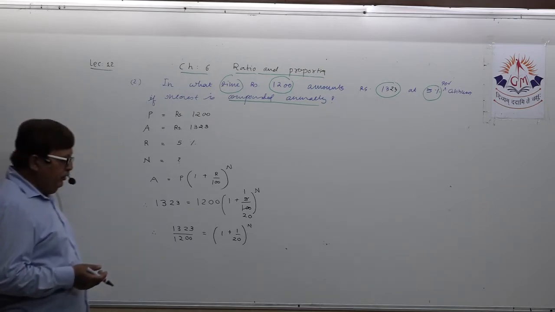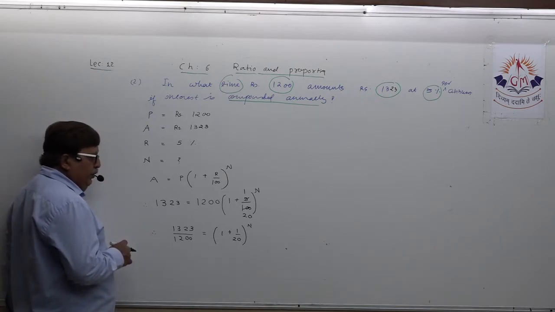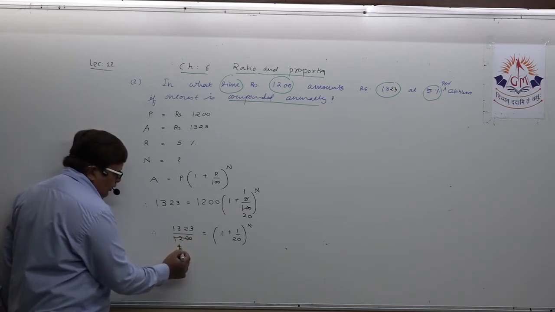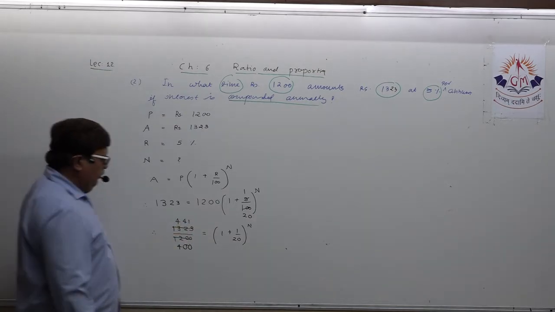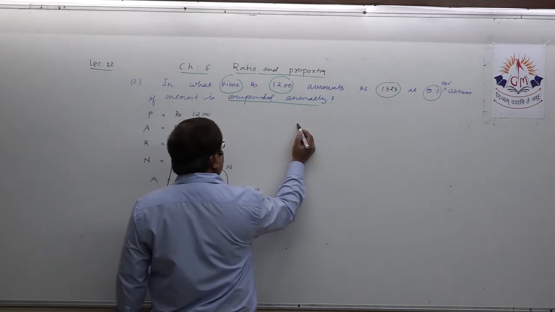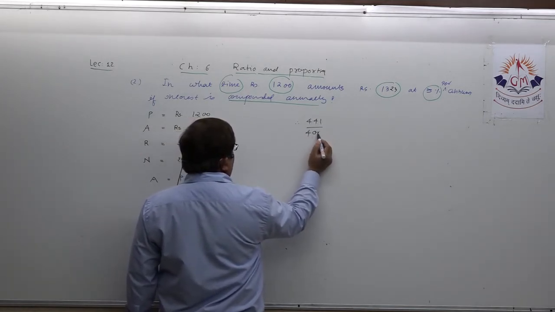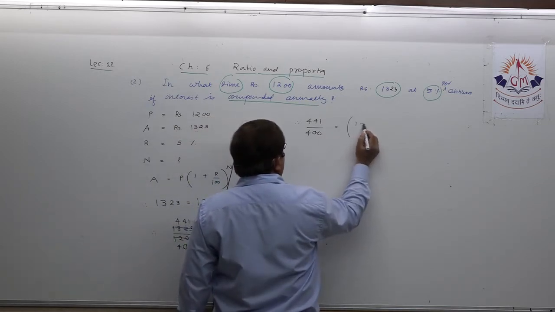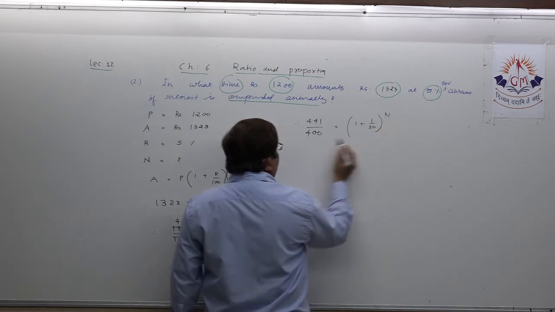Is cancellation by 3 appropriate and possible here? Yes. 3 into 441, and 3 into 400. So now, dear student, looking like the previous example, 441 upon 400, which comes out to be 1 plus 1 upon 20 raised to n.